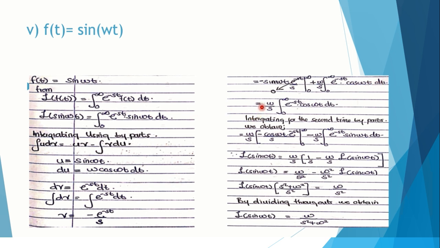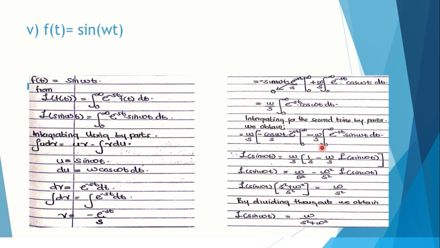Then when we deduce it, it's going to put us on this level. Then we're going to integrate for the second time by parts, and this is what we are going to get.